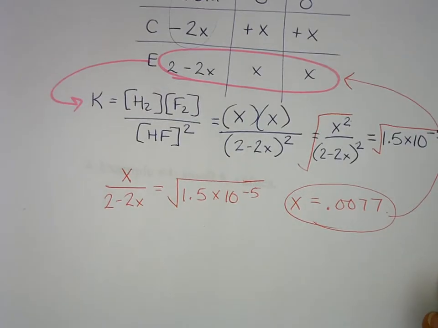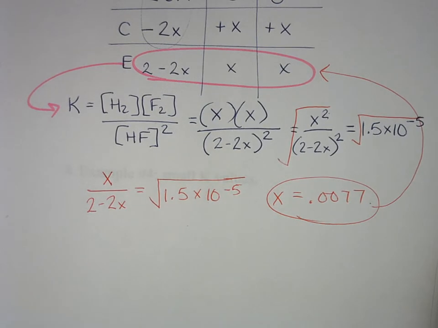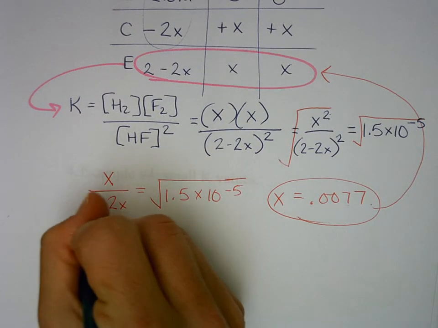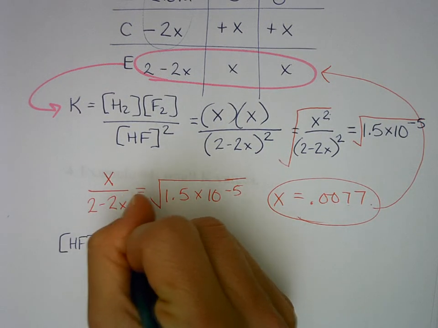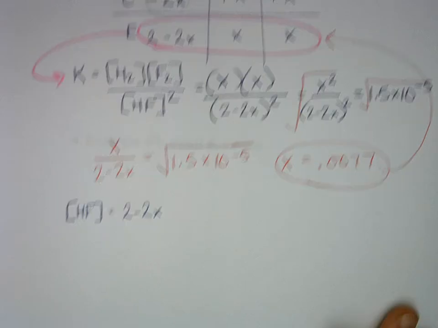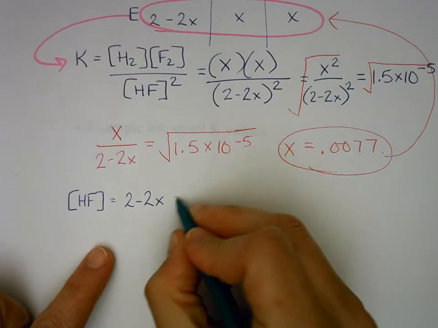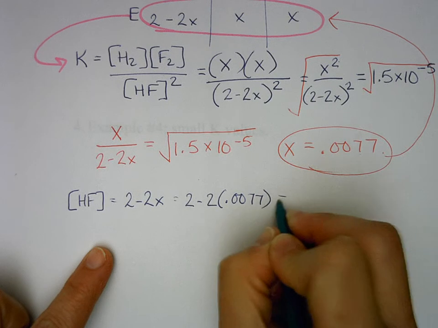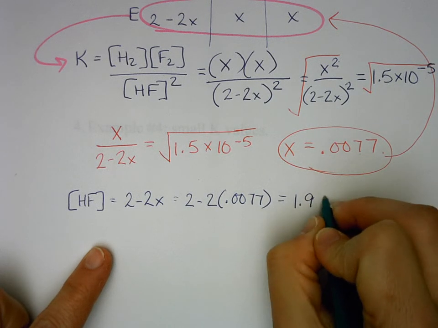That number gets plugged back in, because the question was, what are all the concentrations at equilibrium? So you plug that number in for x in this entire row. My concentration of HF, which was 2 minus 2x, with 0.0077 plugged in, is 1.98.